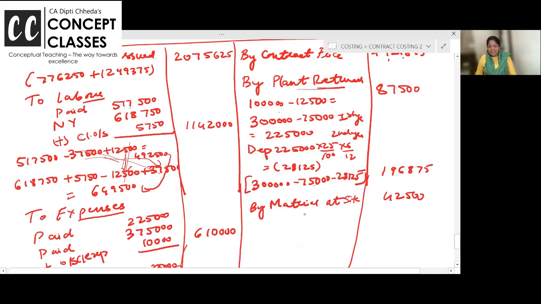They add material at site also. Why? If you take 82,500 as closing, then you have to take 82,500 as opening also, no? Because you have clubbed 2 years. So you have to be very careful about this. Okay?